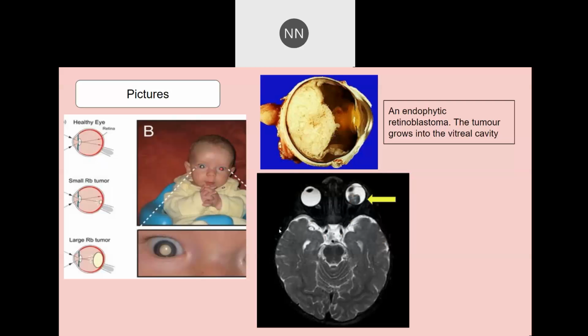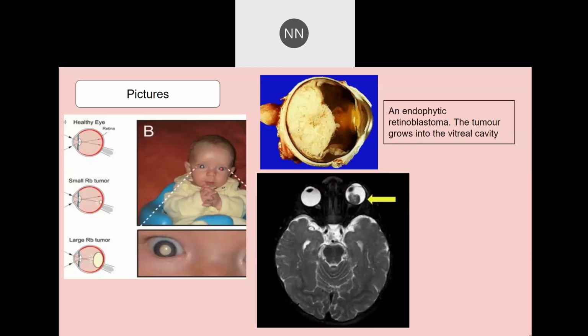For the first picture, I just want to show the difference between a healthy eye and an eye with retinoblastoma in receiving light or information. In a healthy eye, you can see that all the light touches the retina, but if the patient has a small retinoblastoma tumor, some part of the light cannot touch the retina due to the tumor.